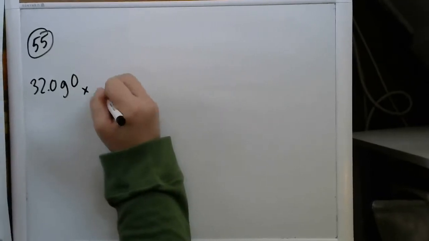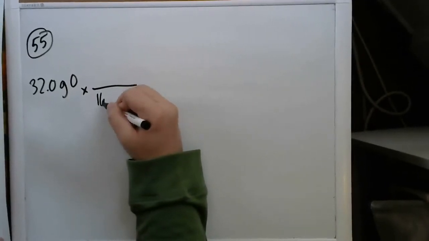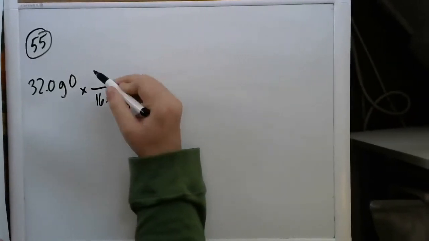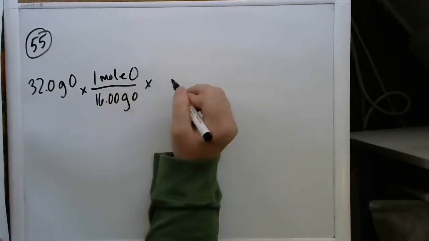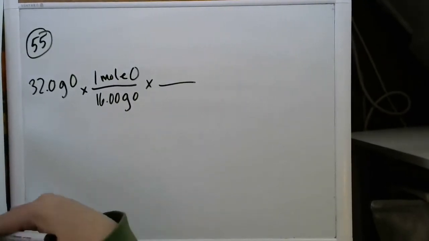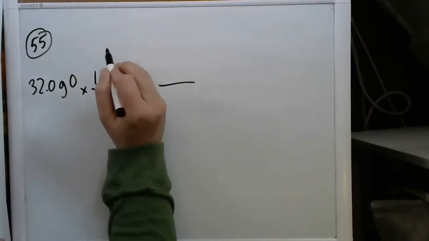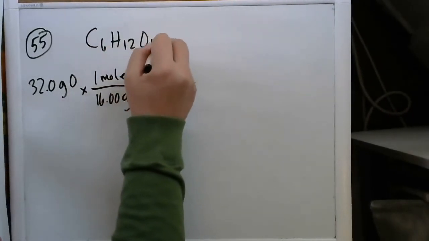All right, so same process that we had before. We're going to first convert grams into moles. Okay, and now we're going to look at our formula, which is C6H12O6.